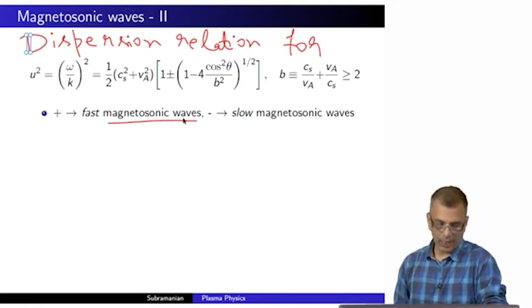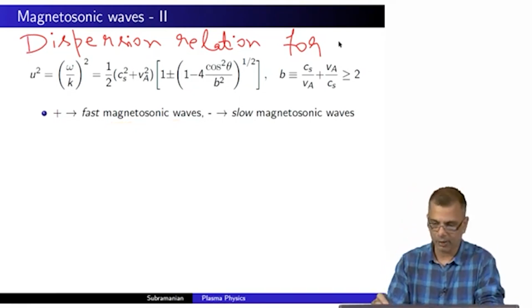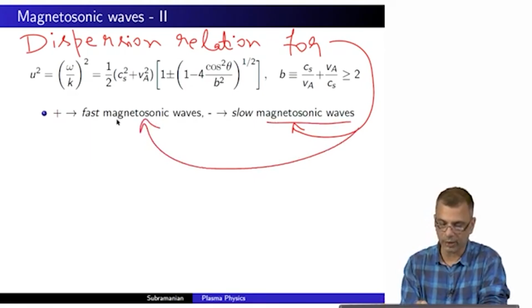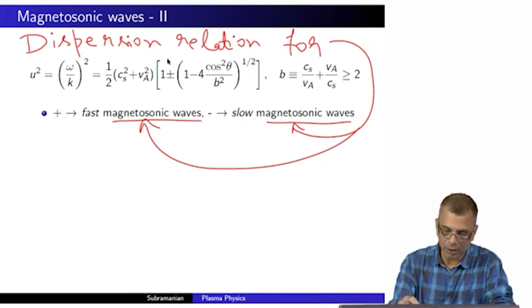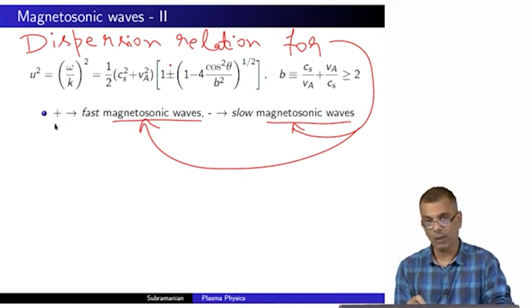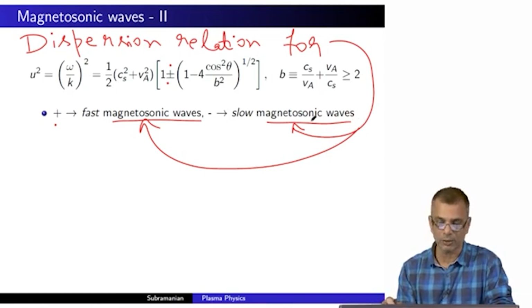Okay, and the other interesting thing is that for magnetosonic waves, both kinds of magnetosonic waves, in fact, both fast and slow. If you take the plus sign here, the plus branch gives you what are called fast magnetosonic waves, and the minus branch here gives you what are called slow magnetosonic waves.